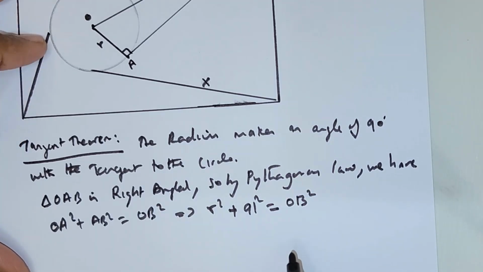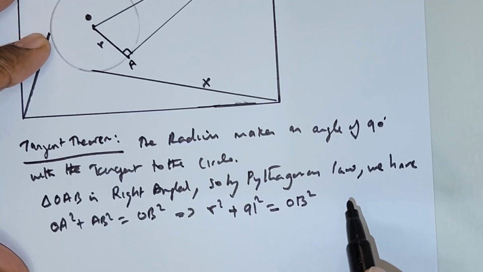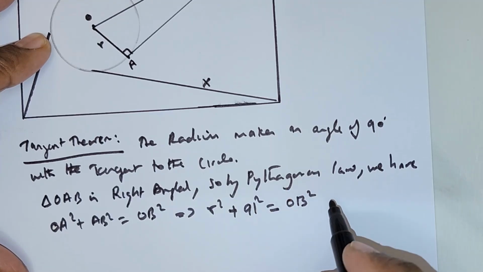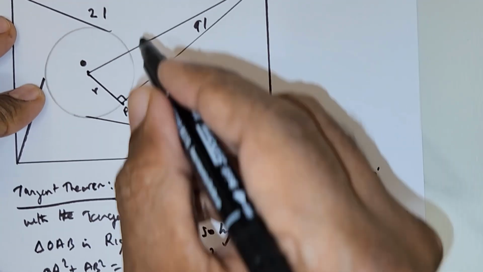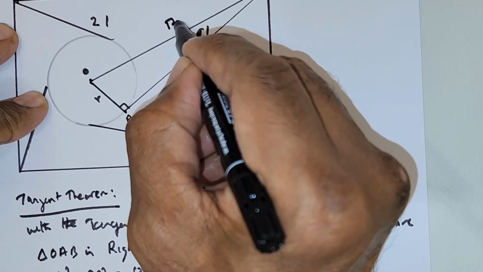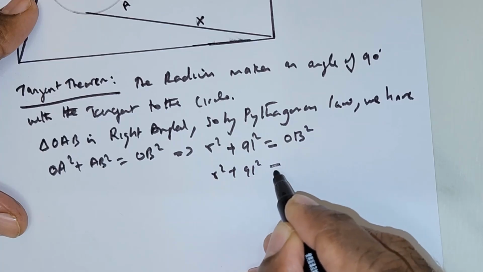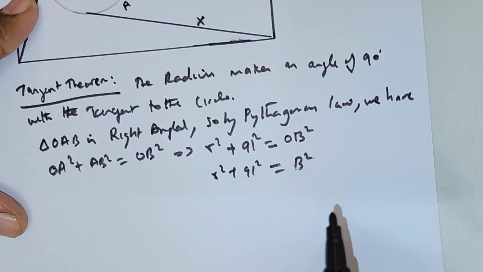We can retain it as OB squared for the time being, or we can take OB as some side B. So that means R squared plus 91 squared is equal to B squared.